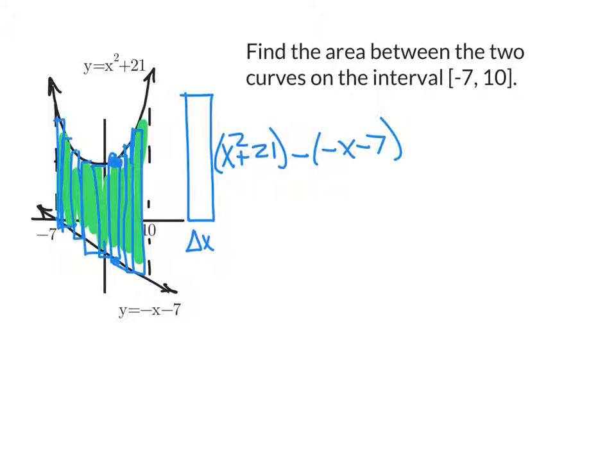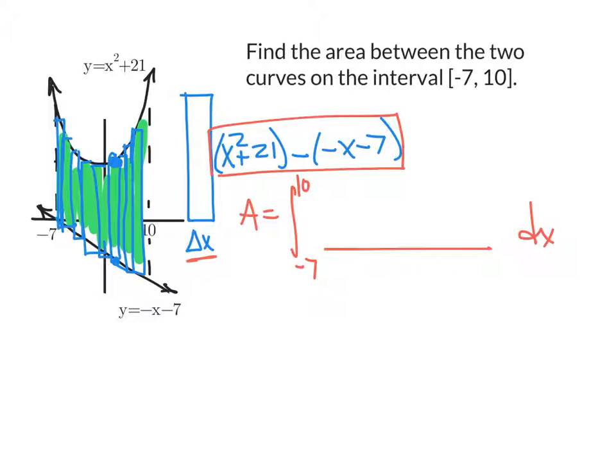And so to find that exact area is going to be the integral from negative 7 to 10 of some expression where dx is our delta x, and the expression is going to be the height of our Riemann sum representative rectangle. And if I were to simplify this expression, of course, that would be x cubed plus x plus 28.